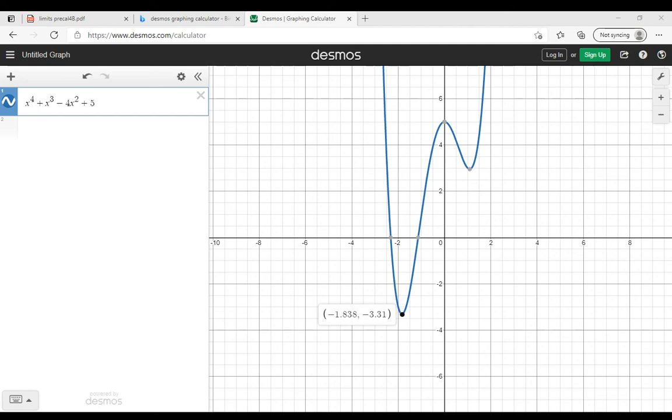Now, decreasing starts from, on the left side, you're actually starting negative infinity to that negative 1.838. And we have another decreasing. Y'all let me do that. What should this one be?